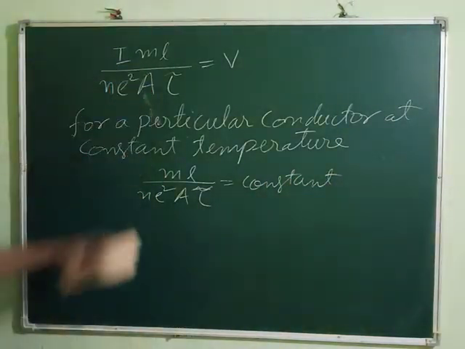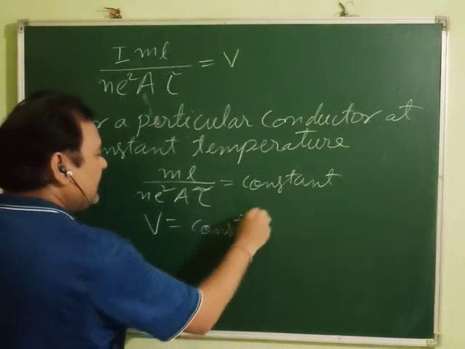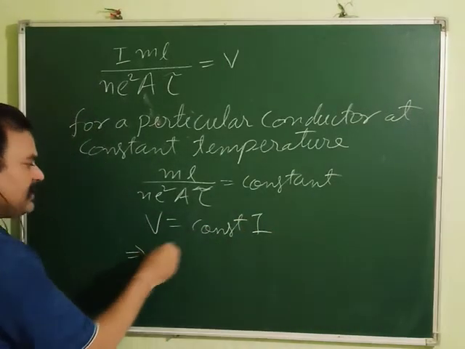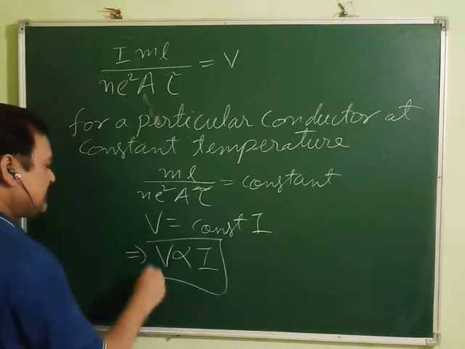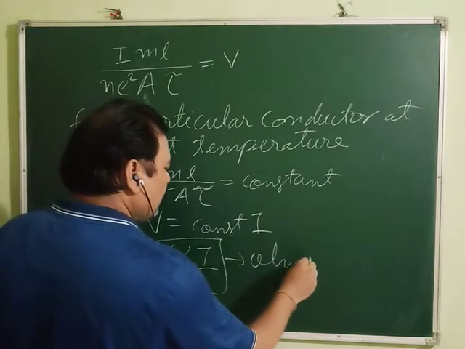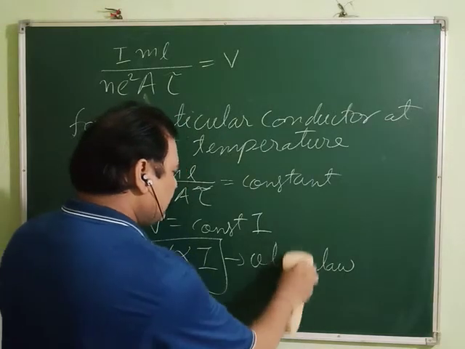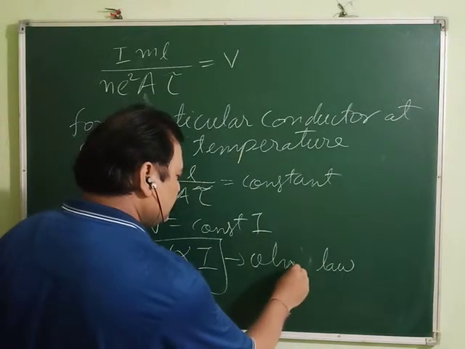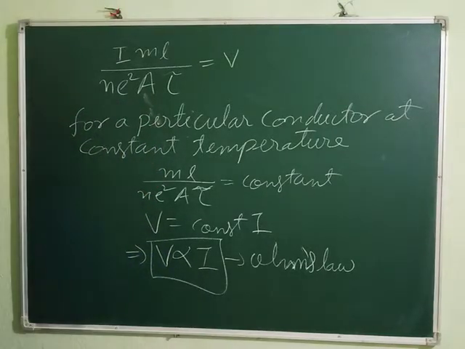If this is constant, then we can write V is equal to a constant into I, and this implies that V is proportional to I, and that is our Ohm's law.